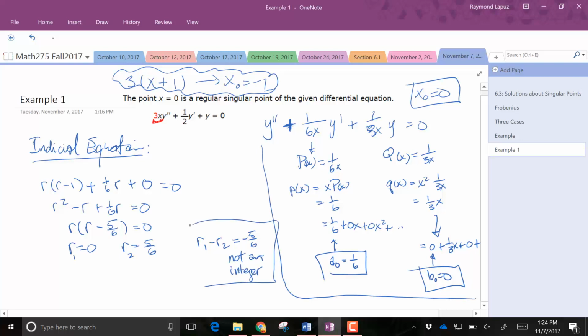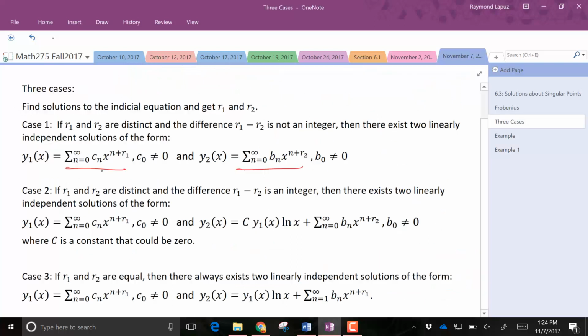So we're in the first case, case one of the three cases. R1 and R2 are distinct, the difference is not an integer, and so we have to find two linearly independent series of this form.